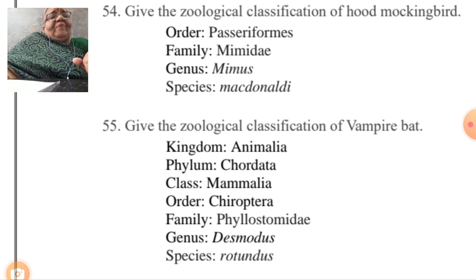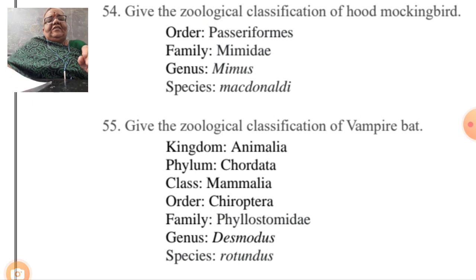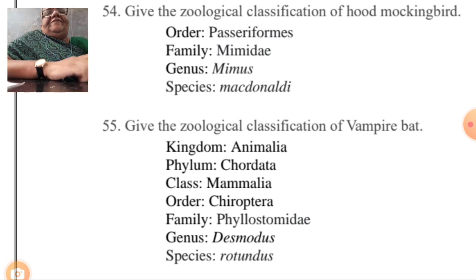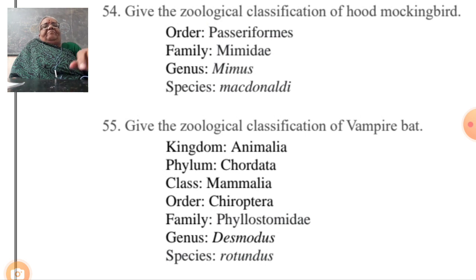All these vampire bats have been kept under the suborder Microchiroptera. They belong to the family Phyllostomidae. Please don't write wrong spellings in the exam. Genus is Desmodus, species is rotundus. Desmodus rotundus. So this is the classification of the vampire bat.